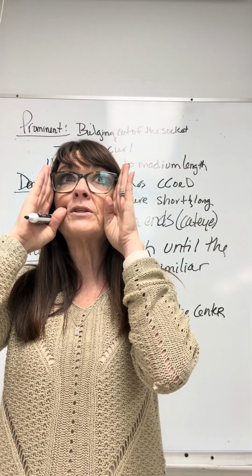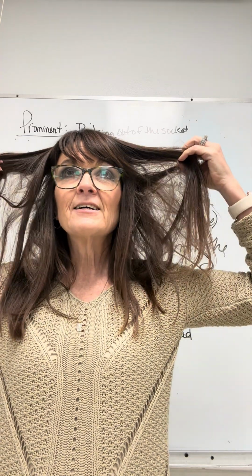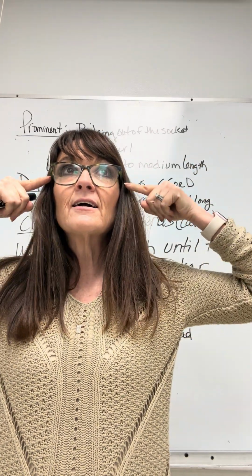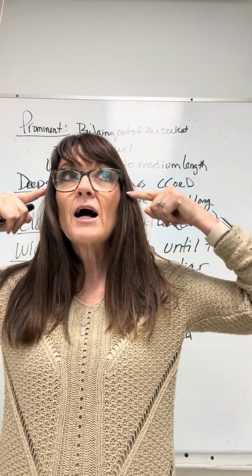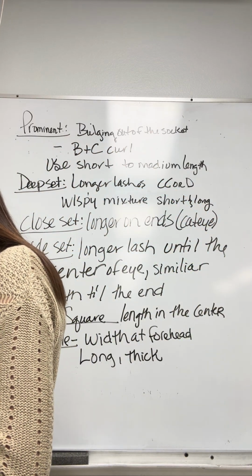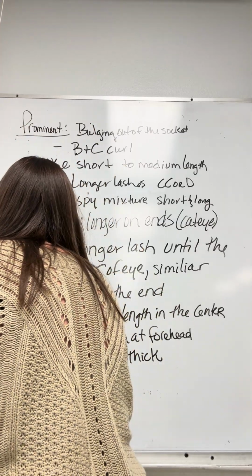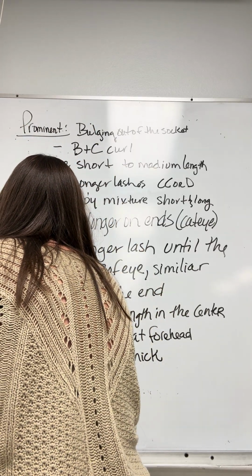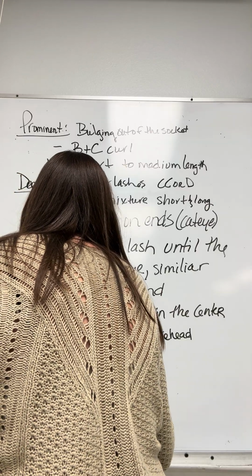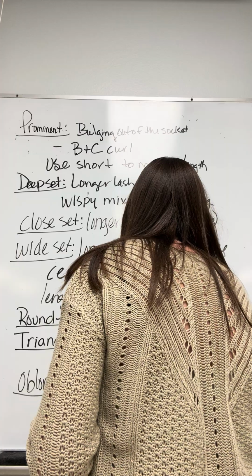Where would you put the hair to make it look wider? Here, right? So you're going to put the lashes here to draw this out. So an oblong face, you're going to apply longer extensions on the outside corner.